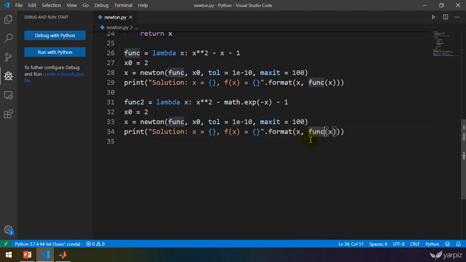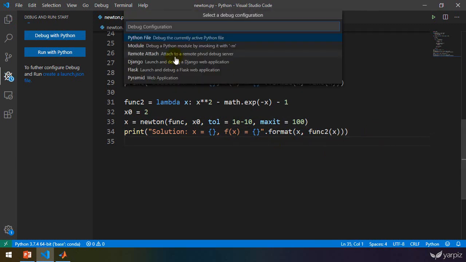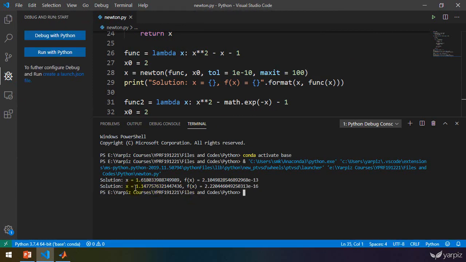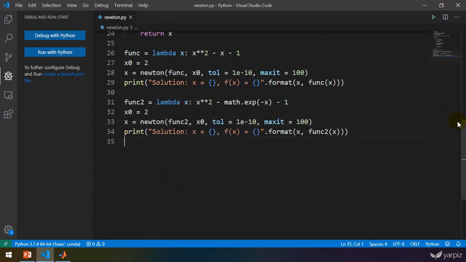Let's change this to func2 and get the results of the second equation. Oh, sorry, we must change this also to func2, and let's run this. And this is the solution for the second equation, and this is the first equation, and that's fine. And we found this solution.